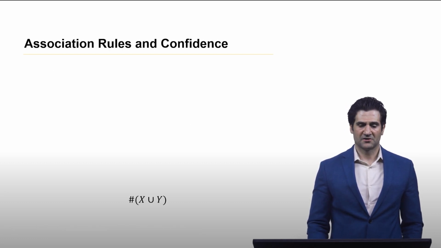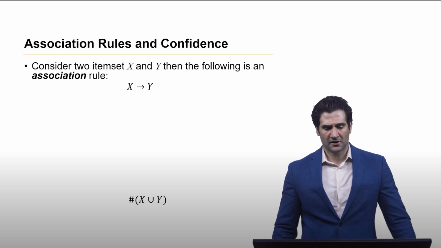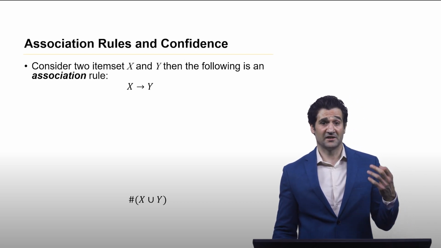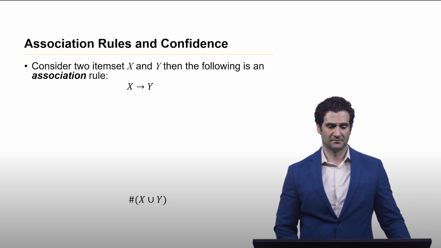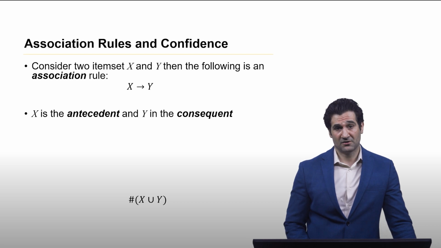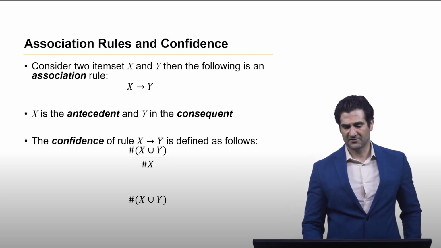And so next is association rules and confidence. So for item sets X and Y, the following is an association rule. You could think of it as saying if X, then Y. And X is called the antecedent and Y is called the consequent. And the confidence of a rule is defined as follows.